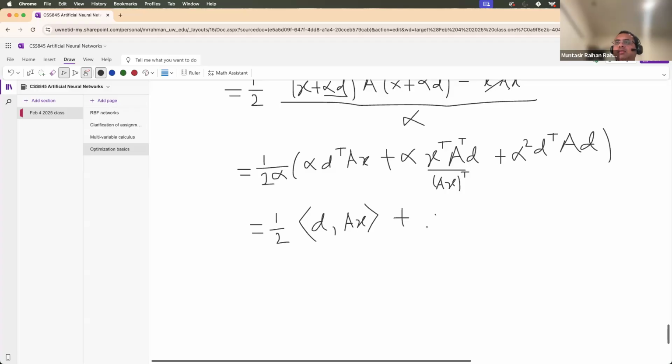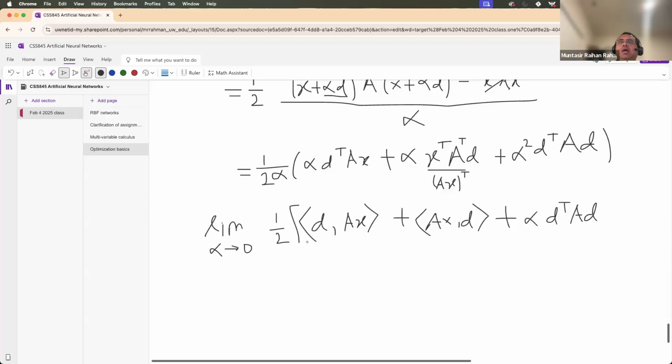So this whole thing becomes A x inner product with d, plus alpha times d transpose A d. And remember, we have a limit here, as alpha goes to 0.